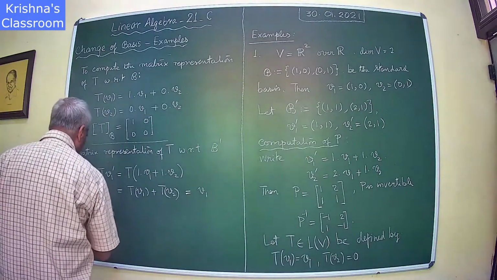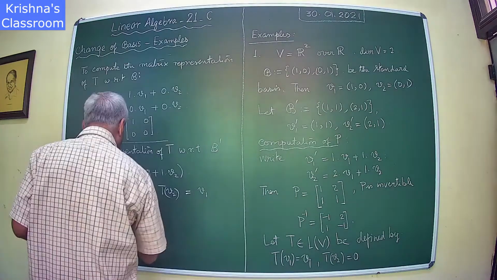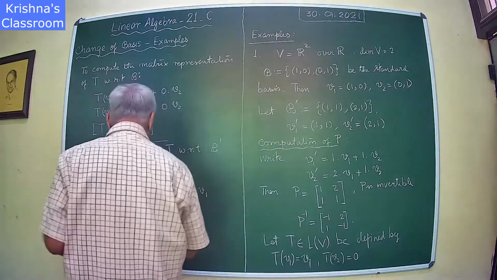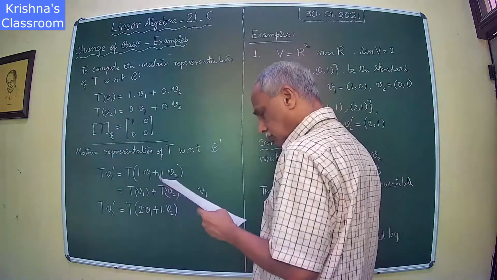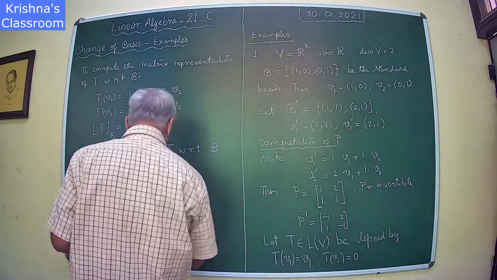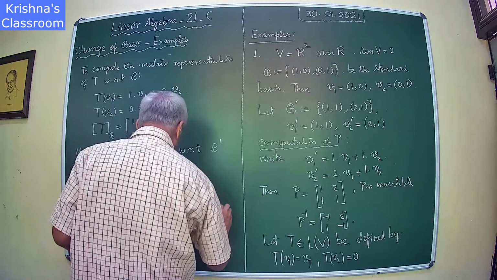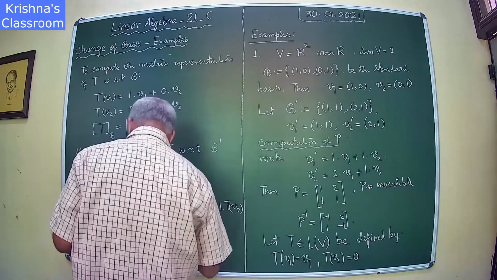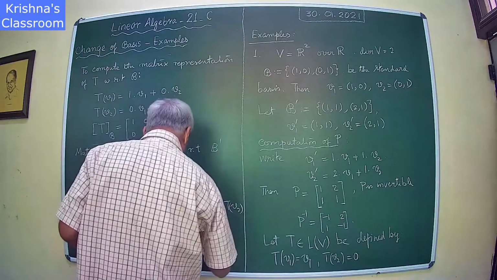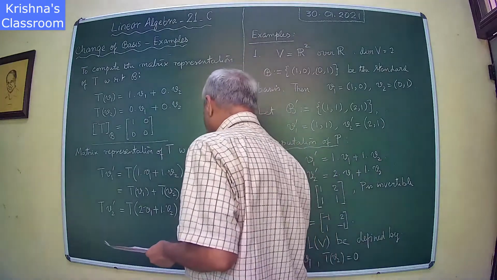Now T of V2 prime is equal to T of 2V1, and that's equal to twice V1.